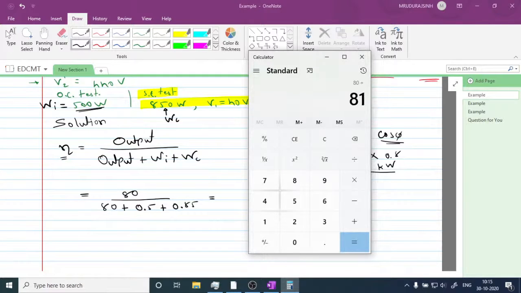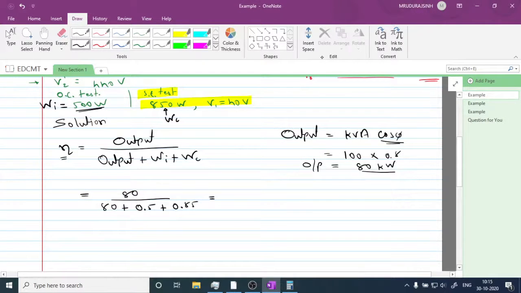So 80 divided by 81.35 gives us 0.9834. So 0.9834 is the efficiency, and when we convert this efficiency into percentage, we need to multiply it by 100. Once we multiply it by 100, we get 98.34%.